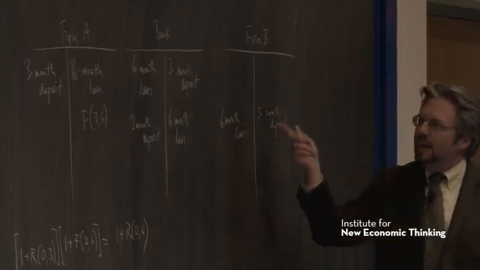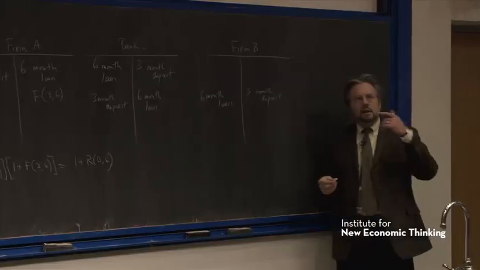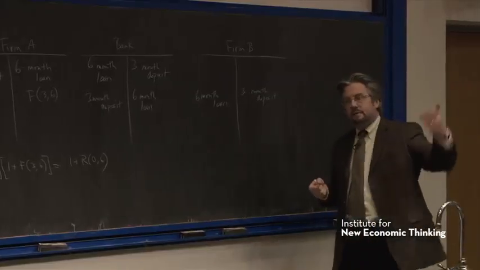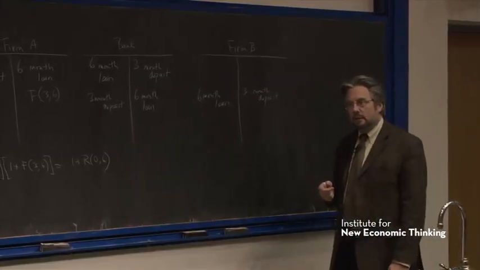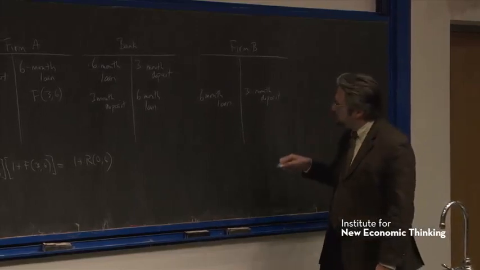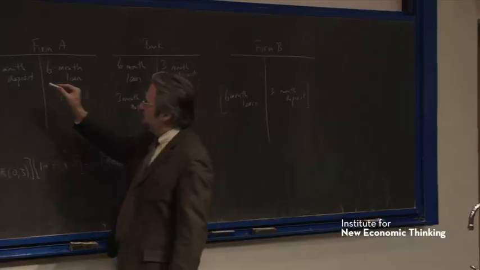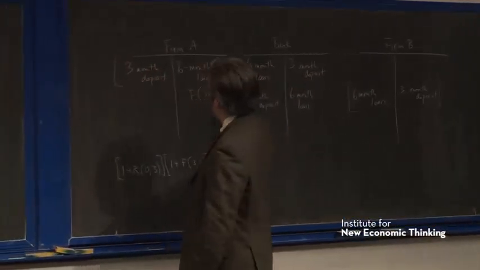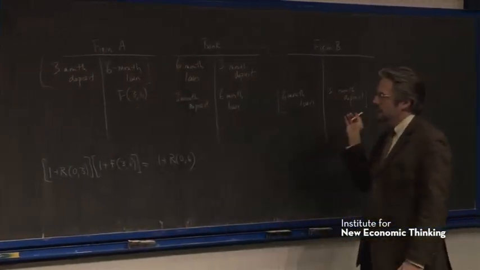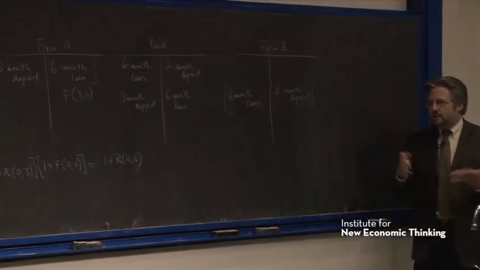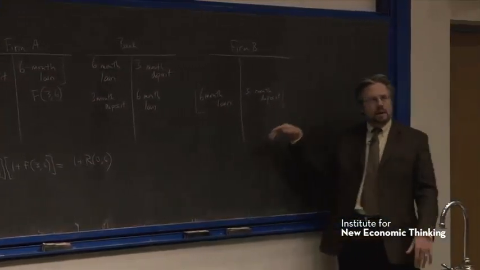Okay, so firm B is looking to lock in an interest rate for a deposit that they're going to make 3 months from now. Okay, we could structure all of these things as parallel loans like this. In practice, they're forward contracts, and they're not on balance sheet like this.